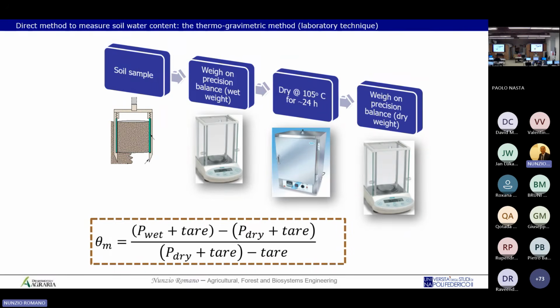The binding of the water molecule in some montmorillonite or illite clay materials is so strong that even if you dry the soil at more than 200 or 250 centigrade, you do not remove the water that is so strictly linked into the clay materials.